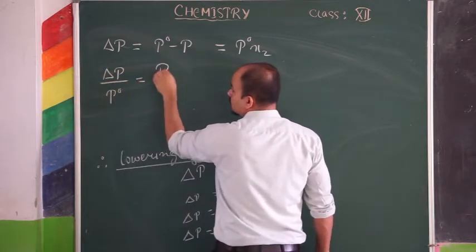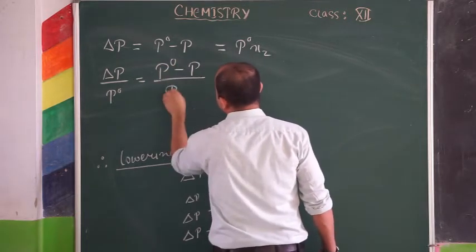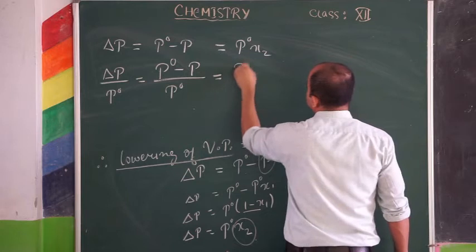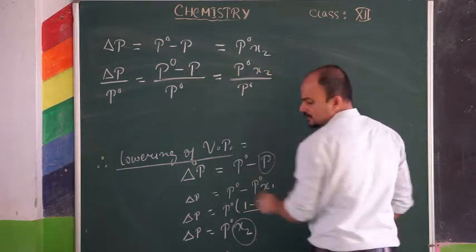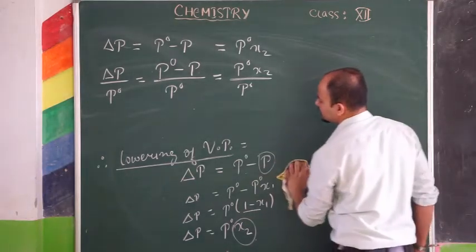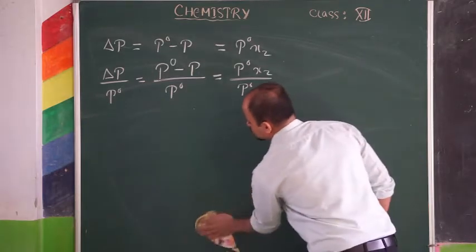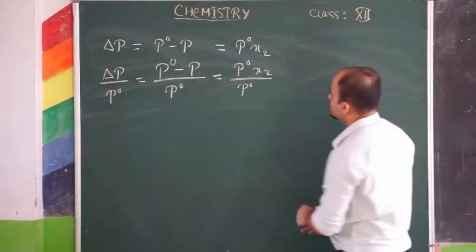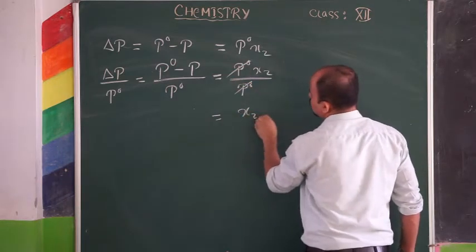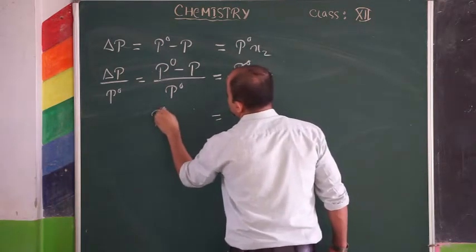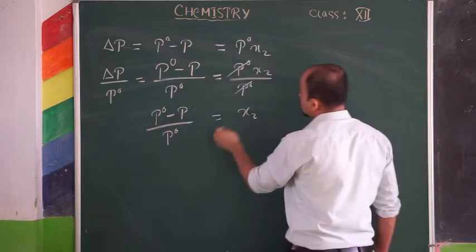P naught minus P by P naught will be equal to P naught x2 by P naught. Okay? Now this P naught will cancel out, so you will be getting (P naught minus P) by P naught equals x2.